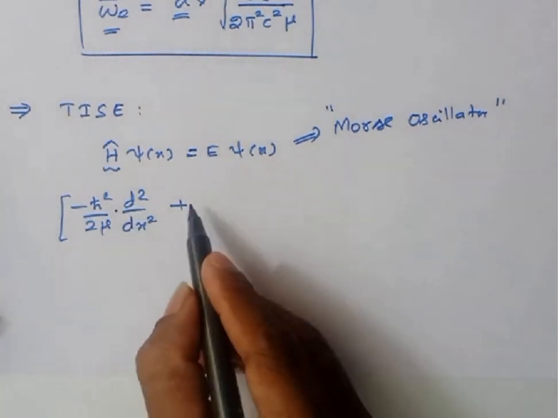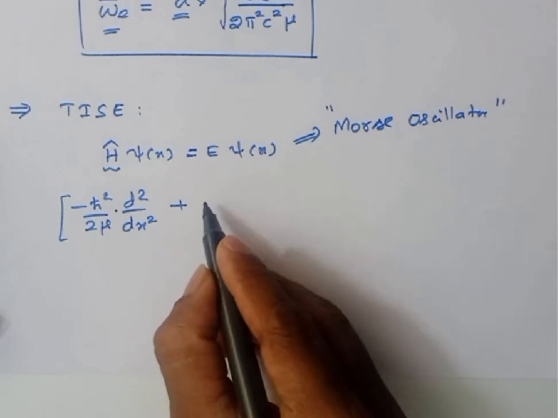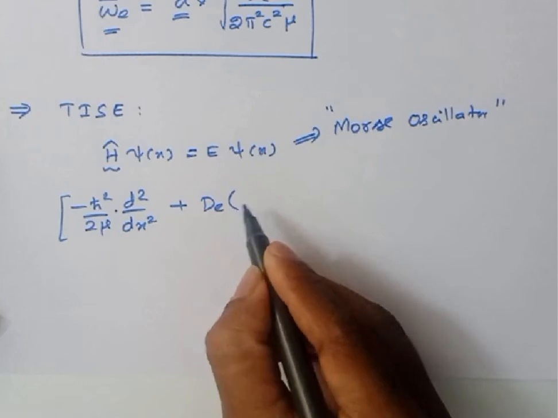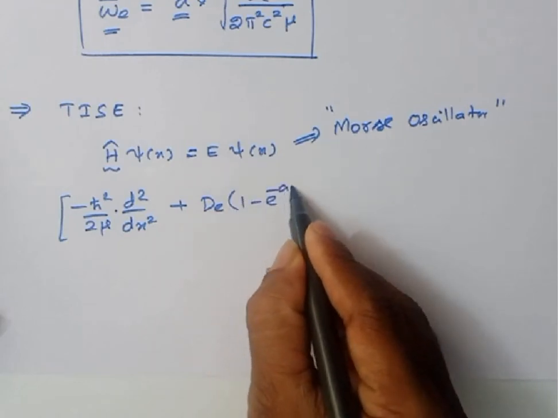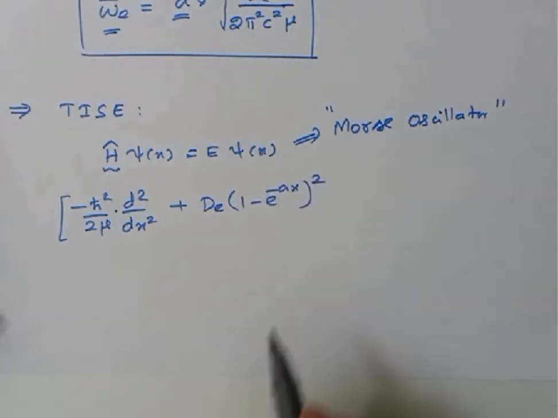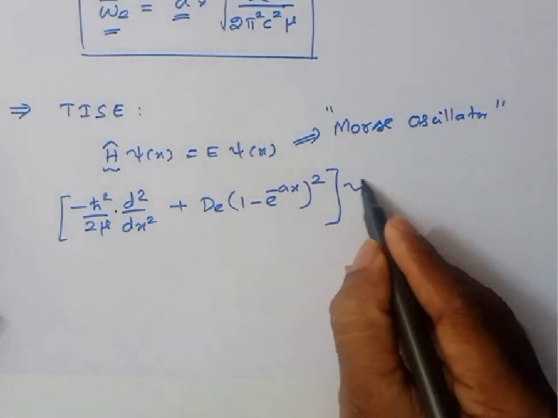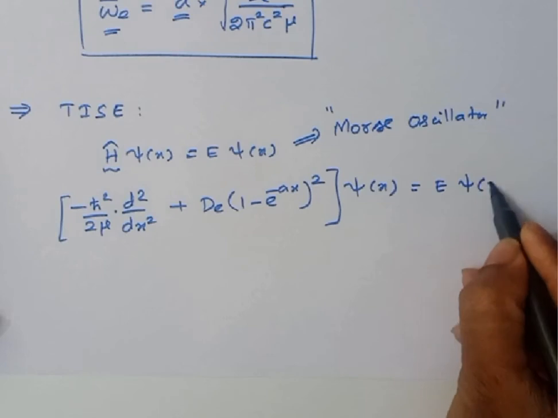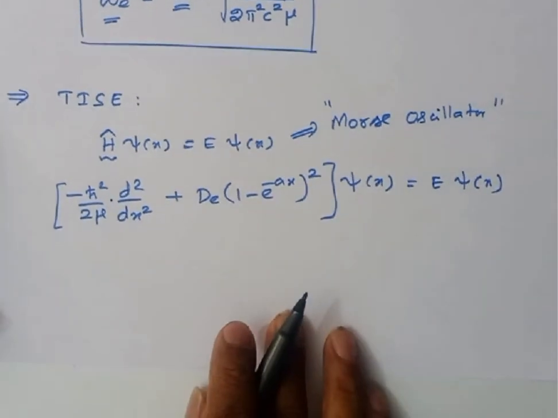So for the Morse oscillator, the potential energy formula, as you know very well, is the equilibrium dissociation energy into 1 minus e power minus ax, the whole square. So the equation is minus h bar square by 2 mu d square by dx square plus D e into (1 minus e power minus ax) whole square, acting on psi of x, equal to E into psi of x. This is the equation we need to solve.